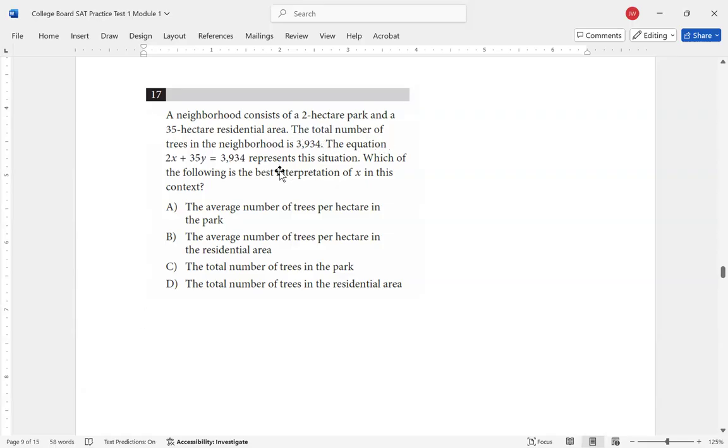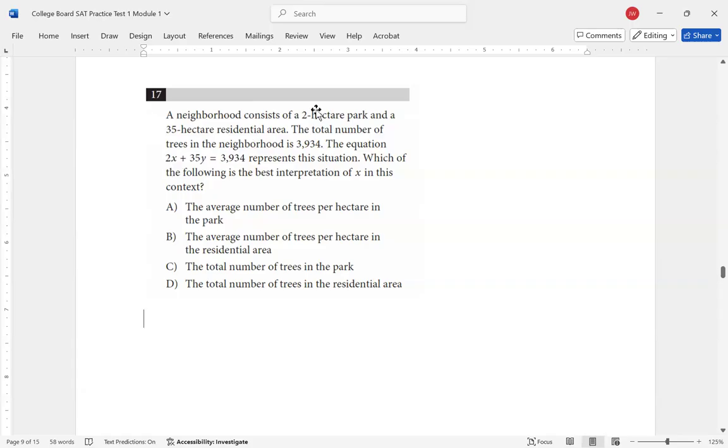The total number of trees in a neighborhood is 3,934. The equation 2x plus 35y equals 3,934 represents this situation. Which of the following is the best interpretation of x in this context?